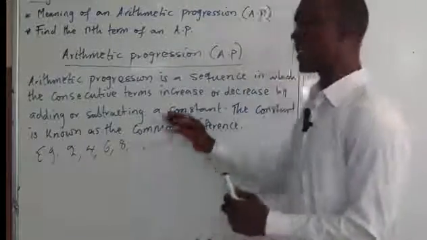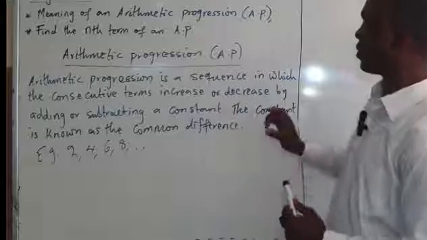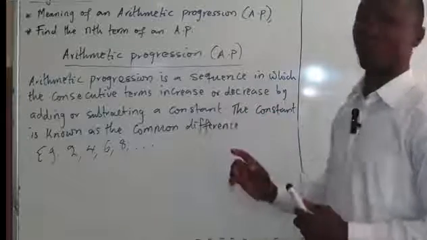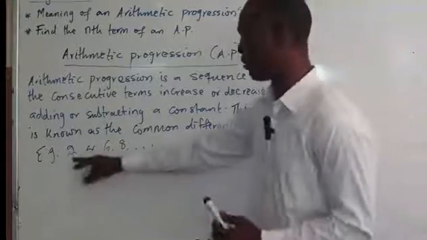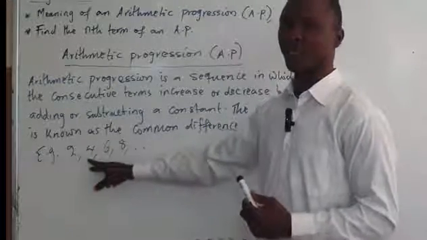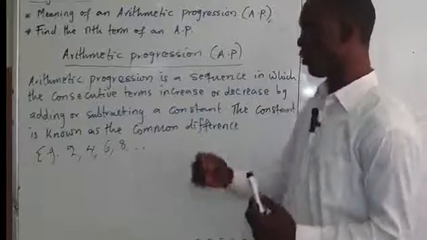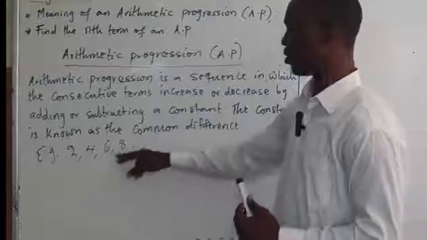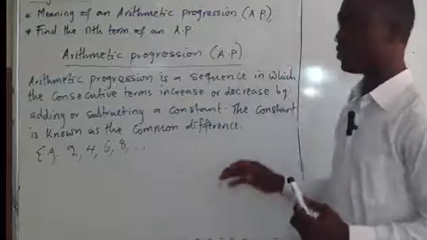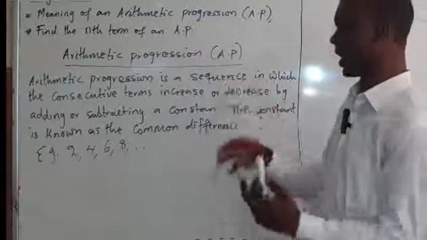To know whether this sequence is an AP, the first thing to check for is the common difference. And how do we get the common difference? We get the common difference by subtracting the first term from the second term. Or you can subtract the second term from the third term, or the third term from the fourth term, and so on. In that case, we are going to have the same difference.